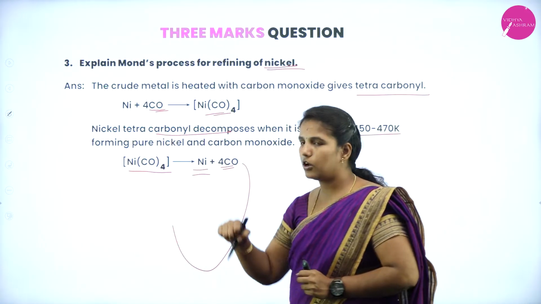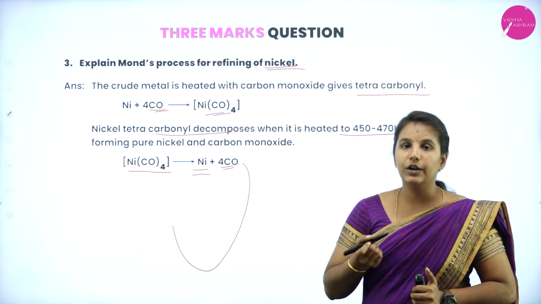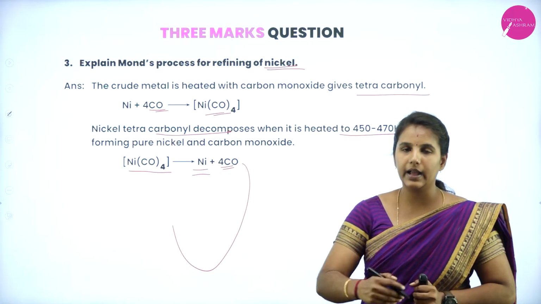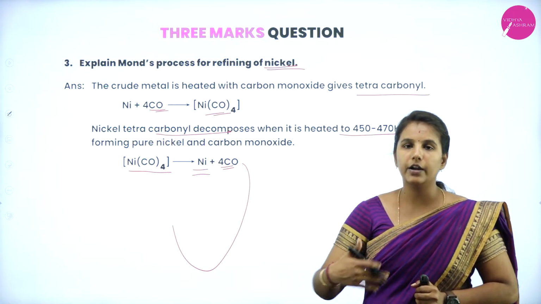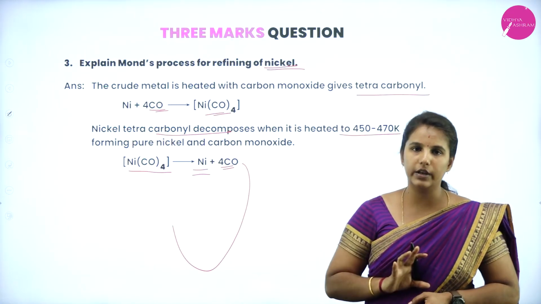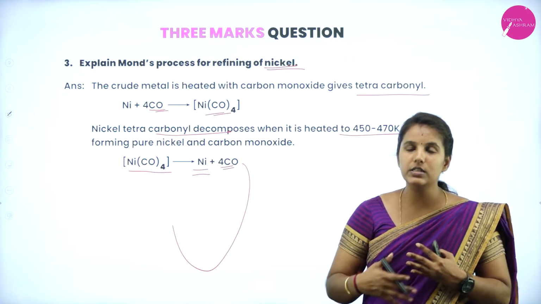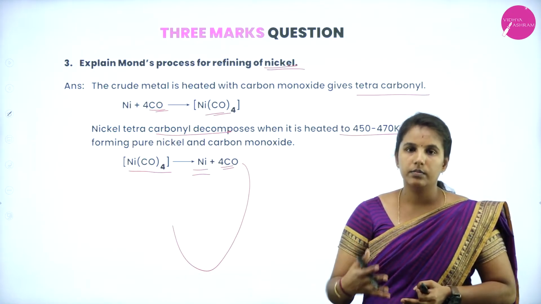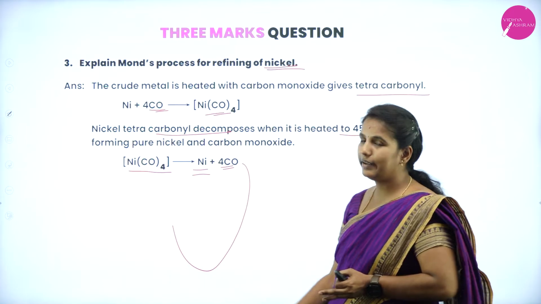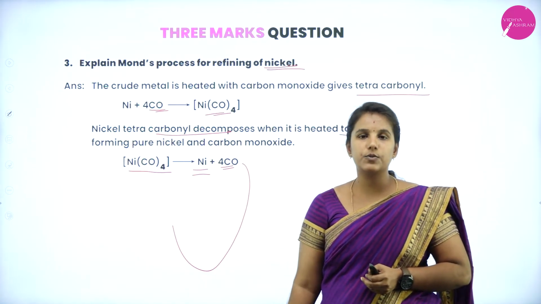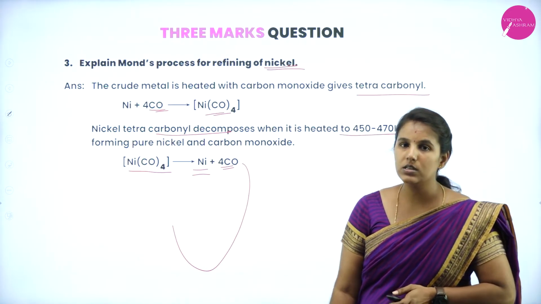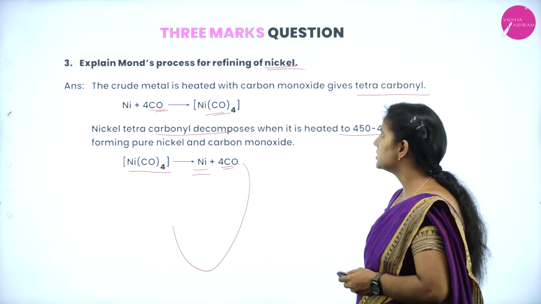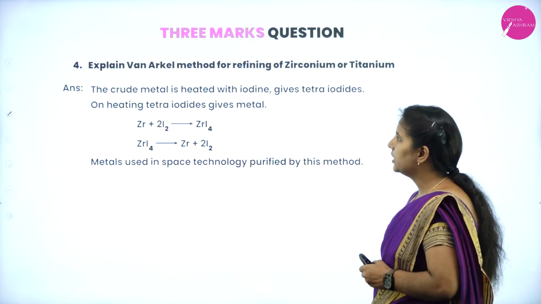Again, this carbon monoxide will be treated with nickel to form tetracarbonyl, and again that undergoes decomposition to give pure nickel. This process will be continuous for the refining of nickel. Hence this process is known as what? Mond's refining process.